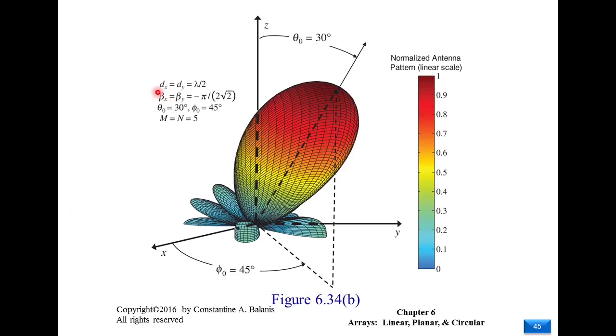And if we have beta x and beta y non-zero, the array is scanned so that the peak is going at phi equal 45, theta equal 30, and this would be the shape of the 3D antenna pattern, or array factor pattern, sorry, when m and n equal 5 under those conditions.